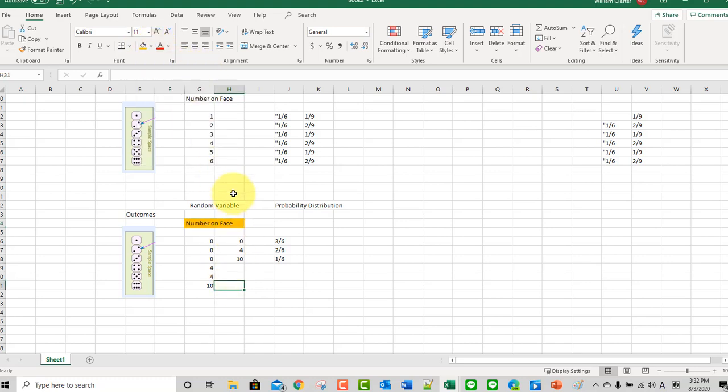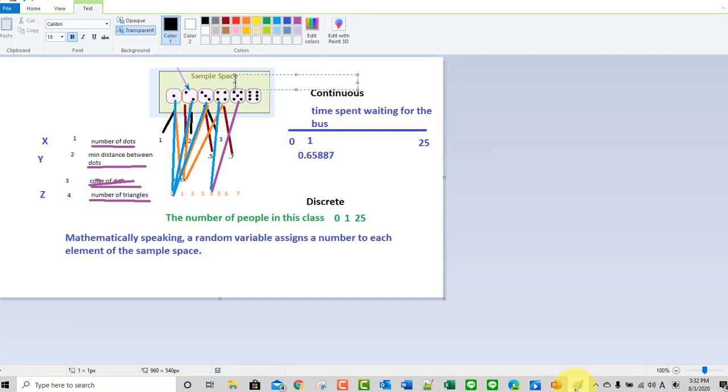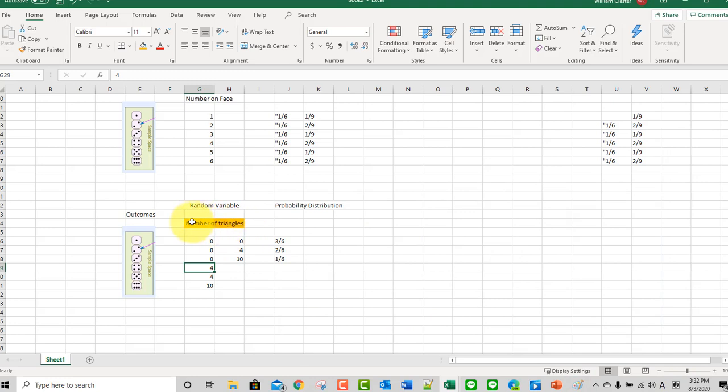For that random variable, number on the face. Oops, sorry, that's not number on the face. It's number of triangles. So for that random variable, which I think I called, what did I call it? Z, or number of triangles was Z. So this is Z, actually. I guess I should put this as Z, Z equals the number of triangles.